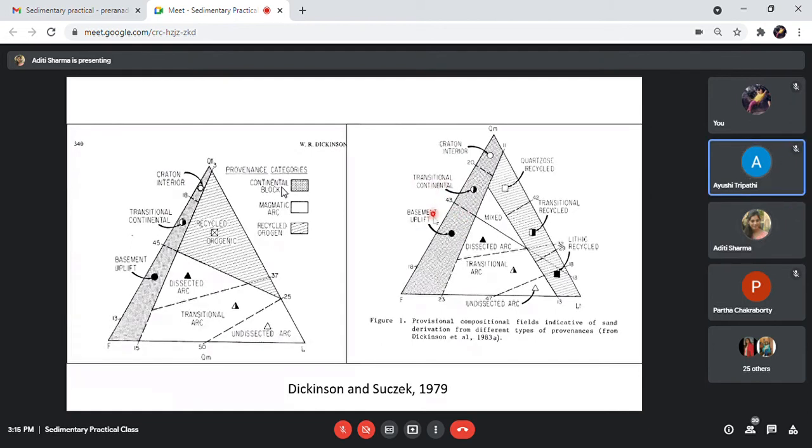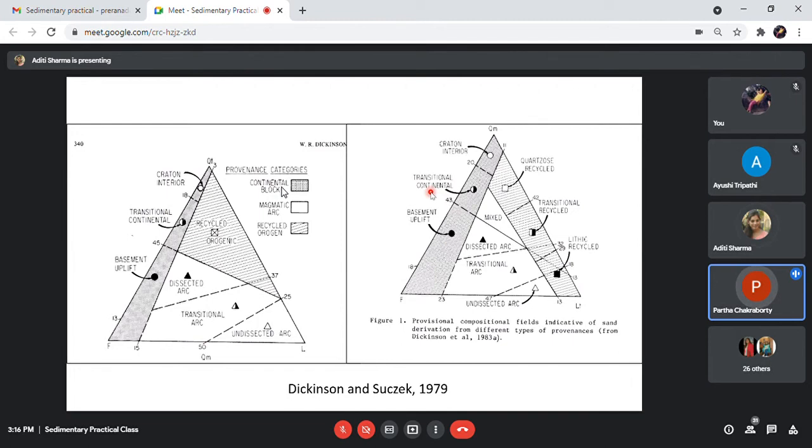Yes ma'am. Yeah, what is the problem? So she was asking how do we decide what this 43 is representing, quartz or feldspar? It is a very simple logic.